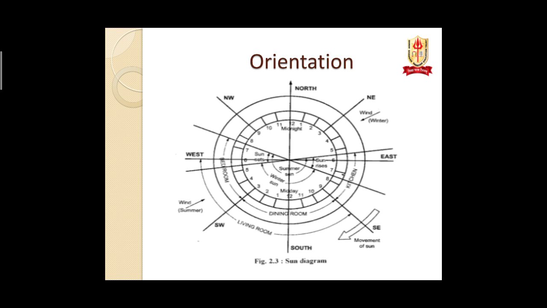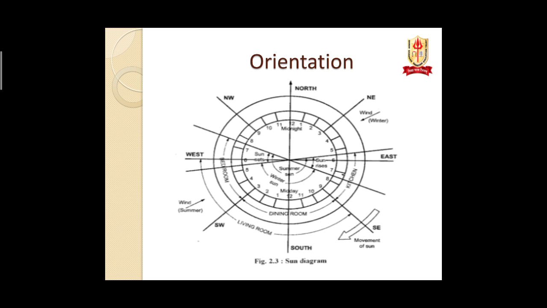It's very important to draw the sun diagram and represent your rooms. How can you draw the sun diagram? As you can see in the diagram, we have to draw three circles. We have to draw east, west, north, south directions. In the inner circle, you have to write the time 1, 2, 3, 4, 5, 6, 12, 1, 2, 3, 4, 5, 6, 12, and then you have to place rooms in the direction you are planning.